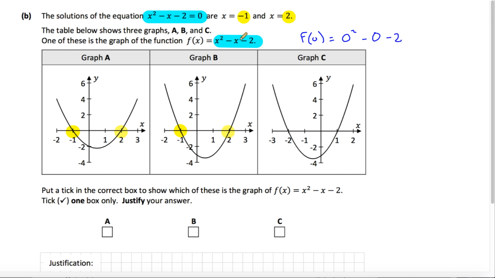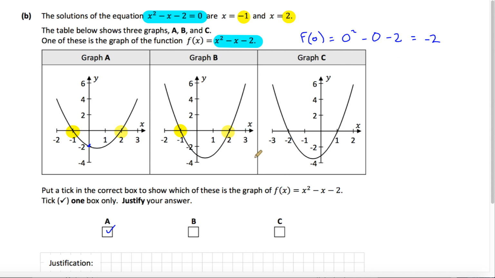You're replacing the x's with zeros. That gives you negative 2. So here the y-intercept will be negative 2. So graph A has a y-intercept of negative 2. This one has what looks like negative 3. So the graph is graph A.